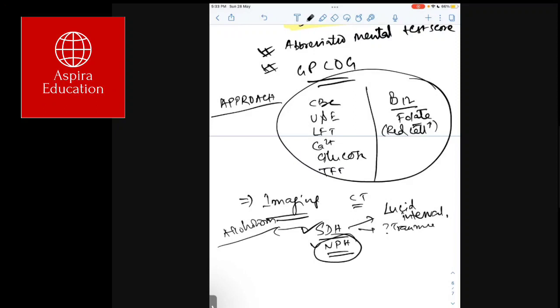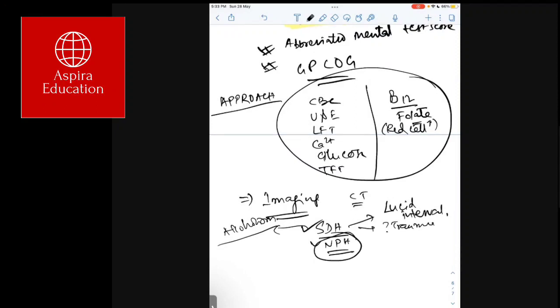Regarding normal pressure hydrocephalus, urinary incontinence is there, dementia is there, the balance problem is there, the patient's personality change is there. So if you find a condition where the patient is having dementia, some kind of balance problem, and they are also discussing about a urinary problem in an elderly, also think of normal pressure hydrocephalus.